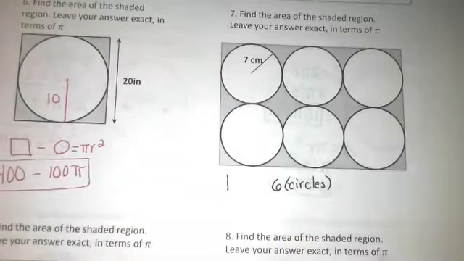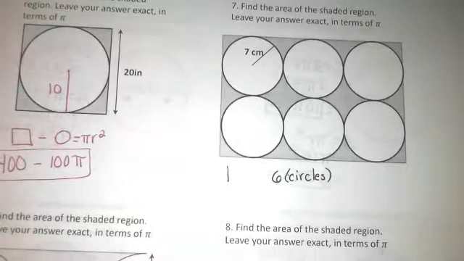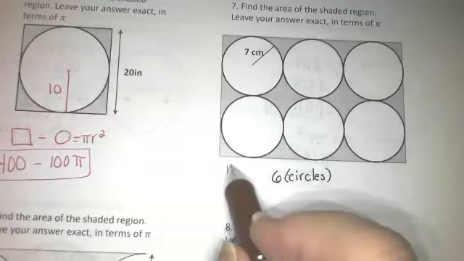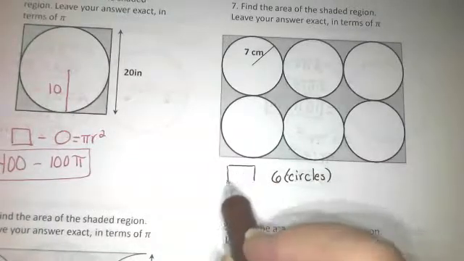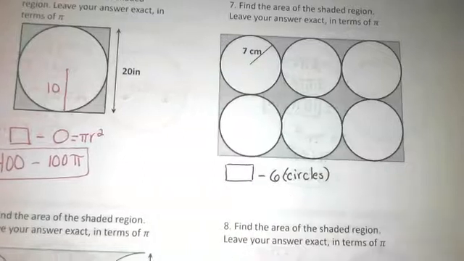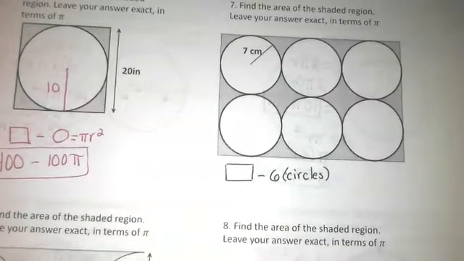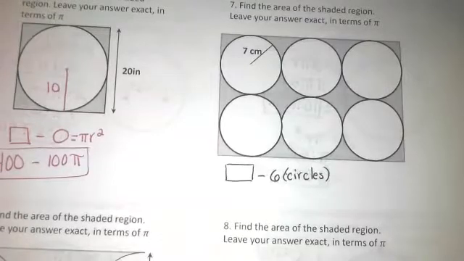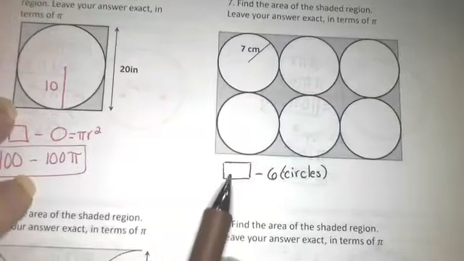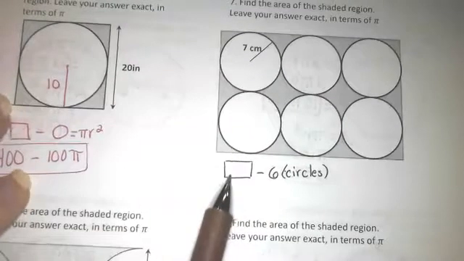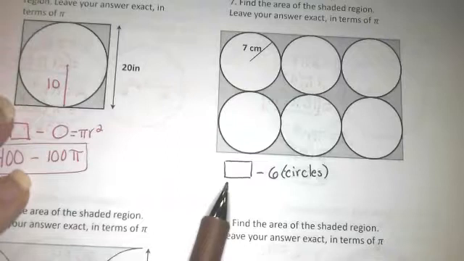And then what are we going to do with that? There you go. The rectangle minus 6 circles. So I always like to start out my composite shapes like this. I kind of get a strategy. Okay, I'm going to do rectangle minus the circles, and then I can fill it in. Well, what are the dimensions of the rectangle? Did they give us enough information? Yes.